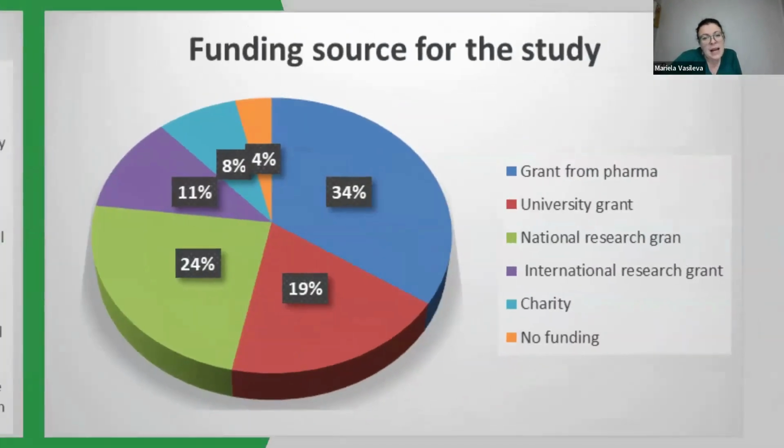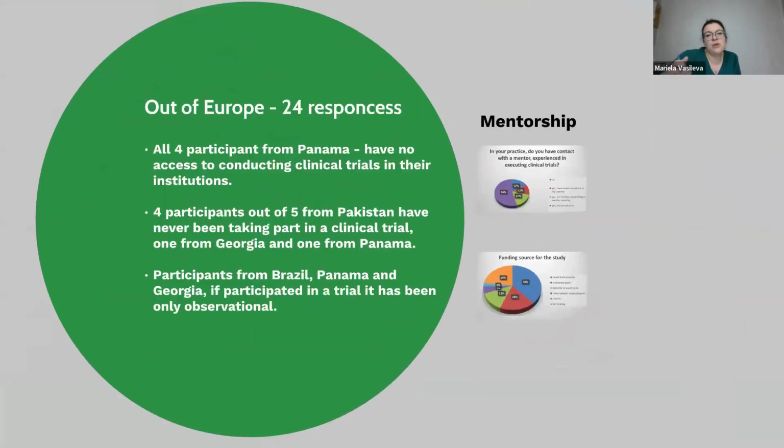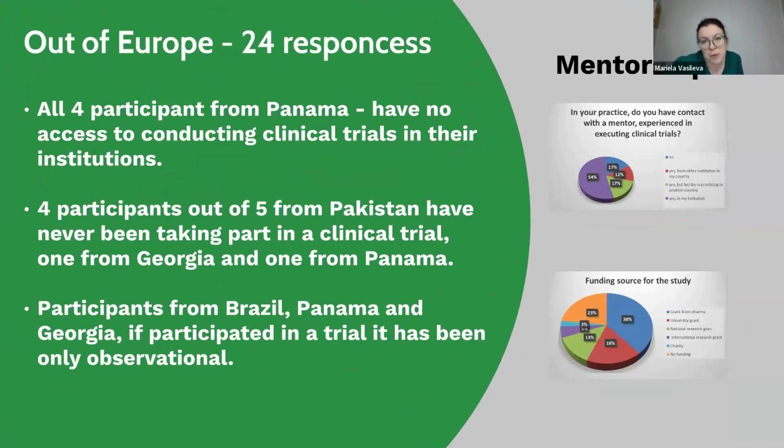And now we will go very far to talk about all the other responses that we got, from outside of Europe. It's very hard to analyze this in one group, because there are people from Canada, from the USA, but also from Pakistan, Panama, and Egypt. So it's a very colorful group of participants and responses.